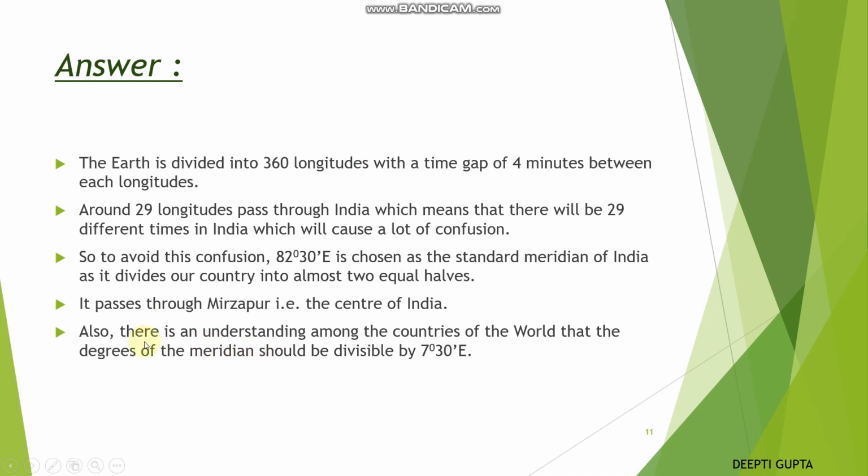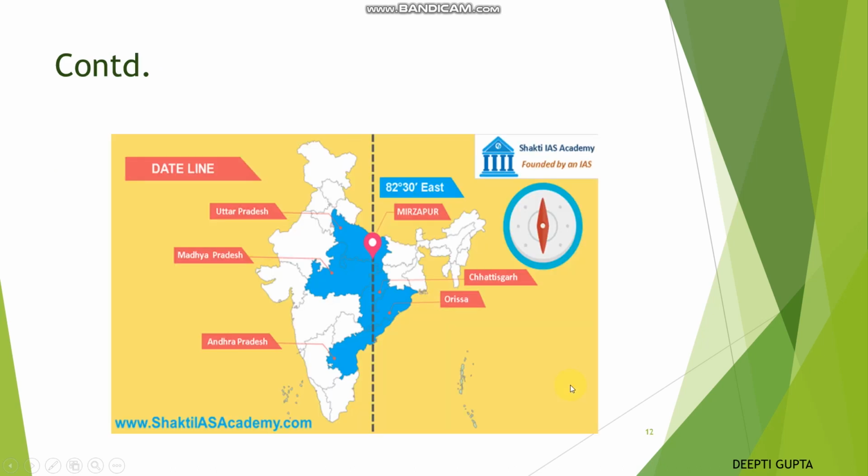And one more thing, there is an understanding among the countries of the world that the degrees of the meridian should be divisible by 7 degree 30 minutes east. So whatever standard meridian is taken in countries, that should be divisible by 7 degree 30 minutes. That place will be considered the standard meridian of that country. So in India it is Mirzapur, that is 82 degree 30 minutes east.